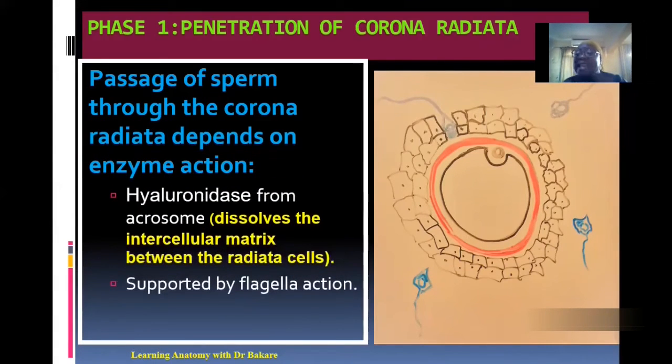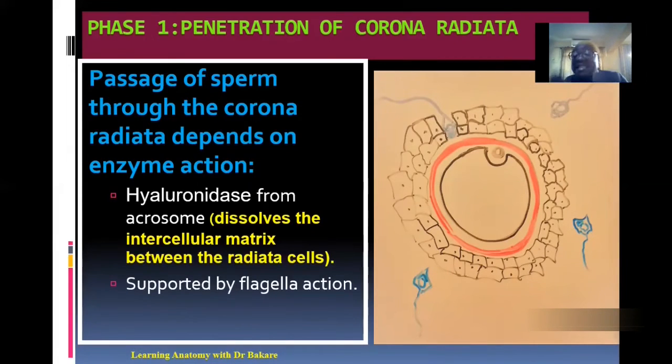And this is enhanced by hyaluronidase. This is an enzyme that is also contained within the acrosome. When these enzymes are released, because the glycoprotein coat is already removed, it is easy for the acrosome to release hyaluronidase.